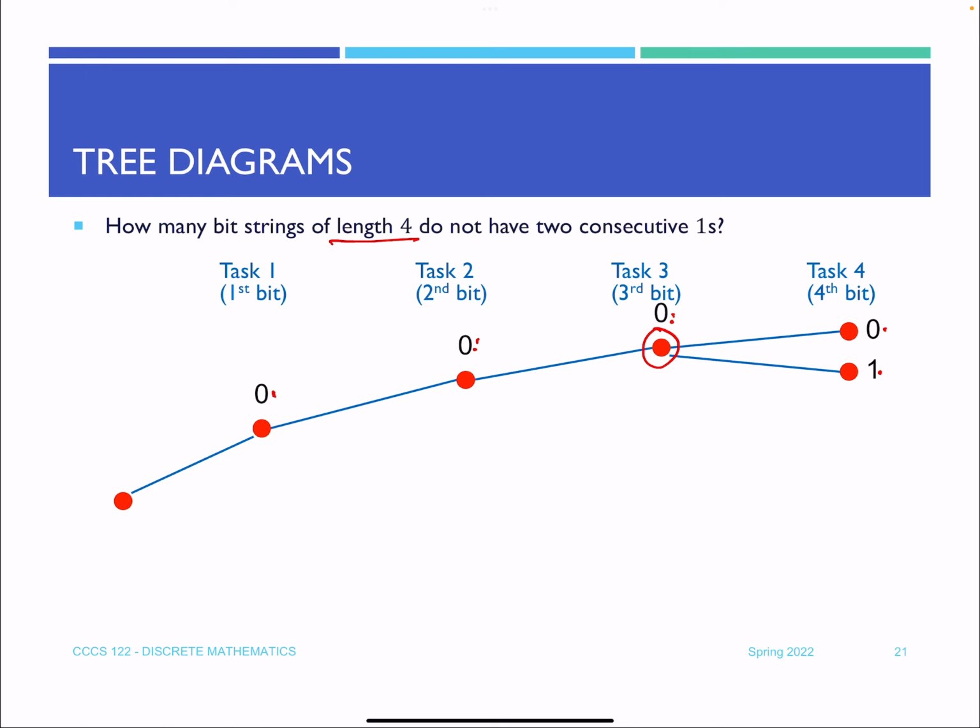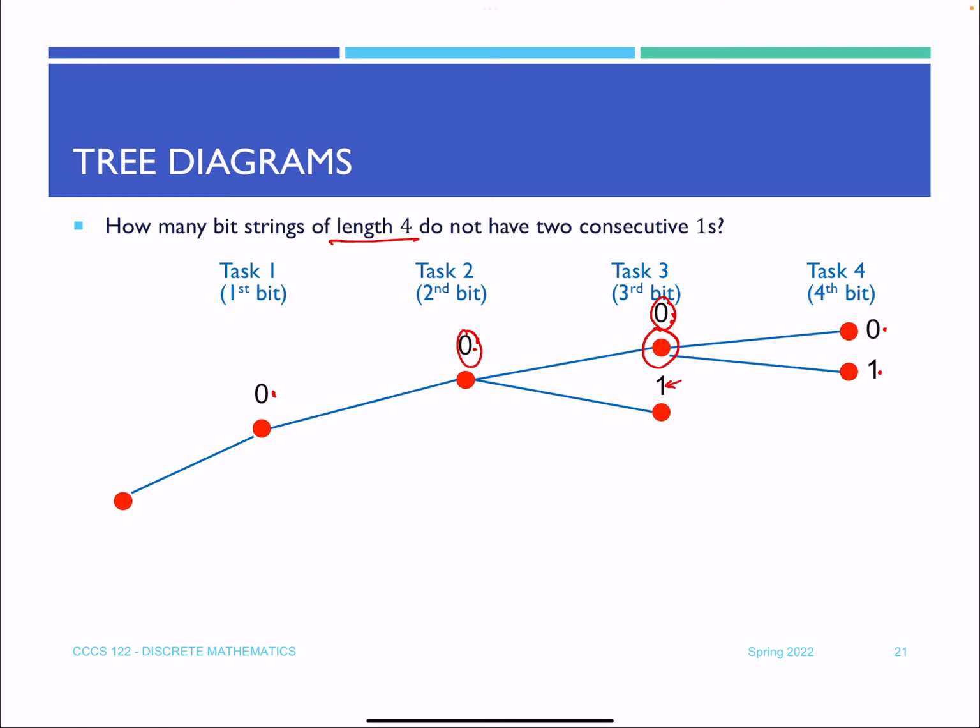Neither of them have two consecutive ones appearing. Let's go back to the third bit, where we used a 0. We can change that to a 1, no problems. The preceding bit is a 0, so no restriction here. So we can also use a 1 in the third bit position.